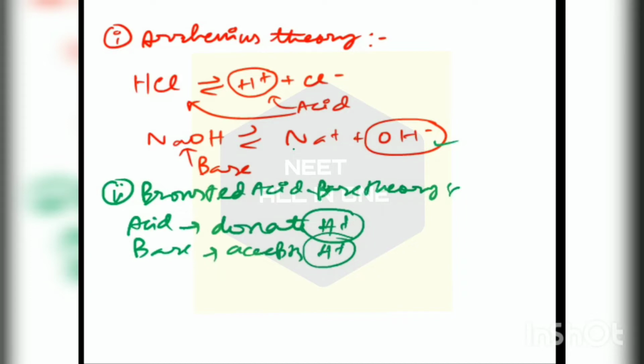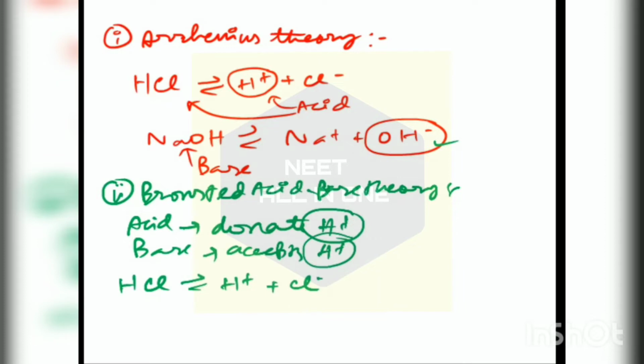Okay. Now we are gonna see what is conjugate base and what is conjugate acid here. Let's see. So here we can see, if this HCl just donates one H plus, it becomes like this.